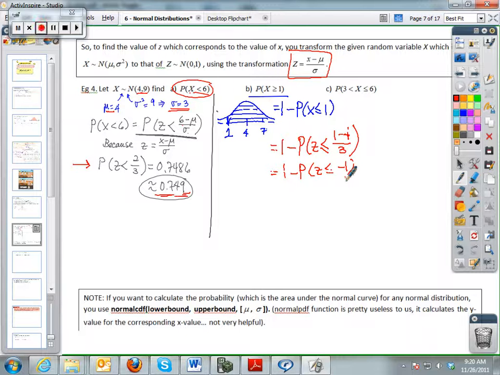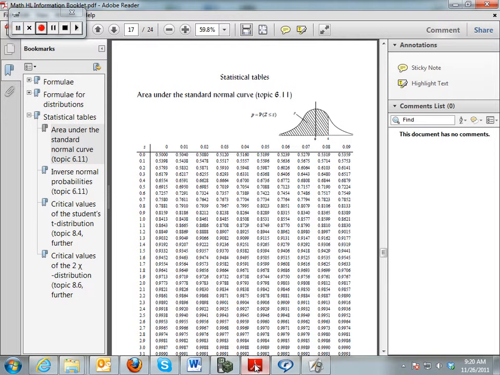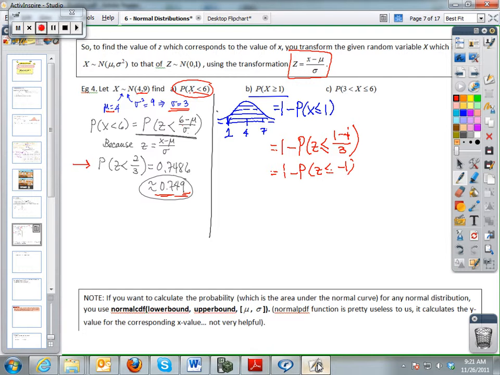This seems nice and easy. We go back over to our standard normal table, and unfortunately you see that I only have positive z values here. So I need to do something about that. So what I have in red now, this is for z. I'm trying to find this probability. There's -1, and I'm trying to find this probability down here.